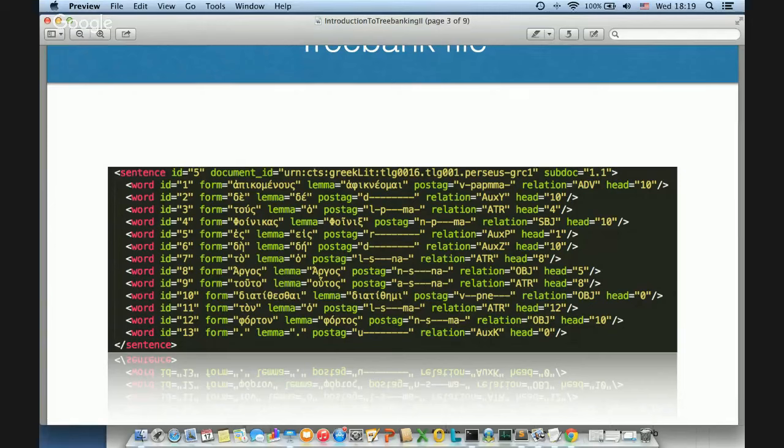You can start with just a few sentences, and then if you wanted to query them, I can definitely help them, because I'm really interested in seeing people using treebanking and querying treebanks. So I would really do that gladly.